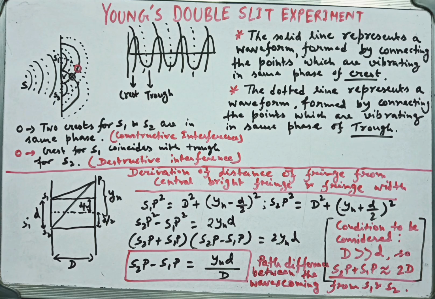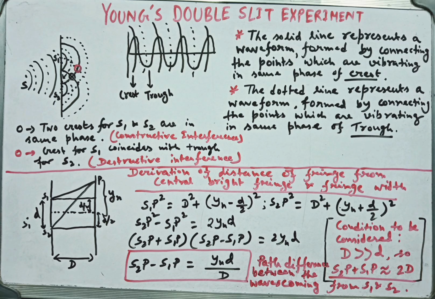Okay, now if you see here we are getting a term (S2P plus S1P) into (S2P minus S1P). And here we have to consider that capital D is very much greater than small d. That means the distance of the screen from the slits is very large.